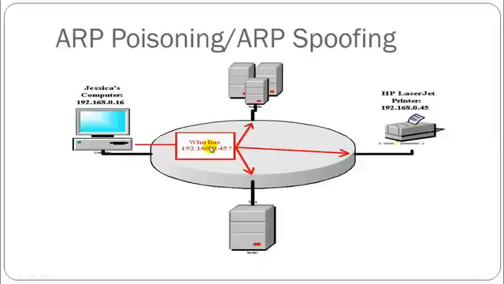So when an incoming packet destined for, let's say, a host machine on a particular local area network arrives at a gateway, the gateway asks the program to find a physical host or MAC address that matches the IP address. As you can see in the diagram over here, it's asking who has the IP address 192.168.0.45. It's asking all three of these computers because these three are on the LAN right now.